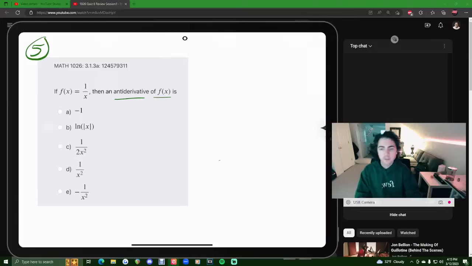So if we're finding the antiderivative of 1 over x, we want to think about what's a function whose derivative is 1 over x. Is there any function we've dealt with in the past that has a derivative of 1 over x?